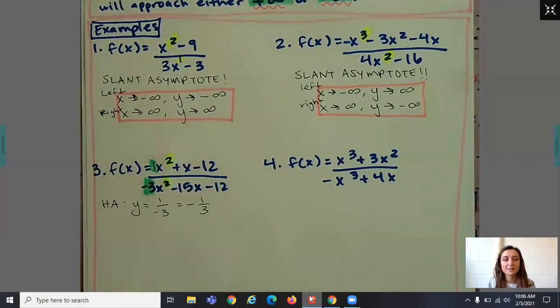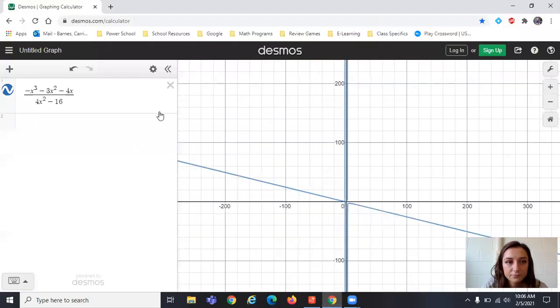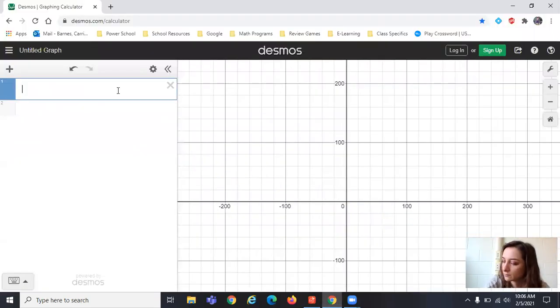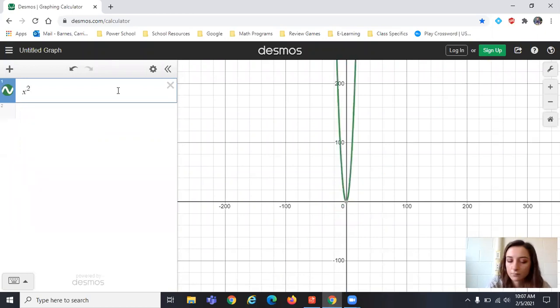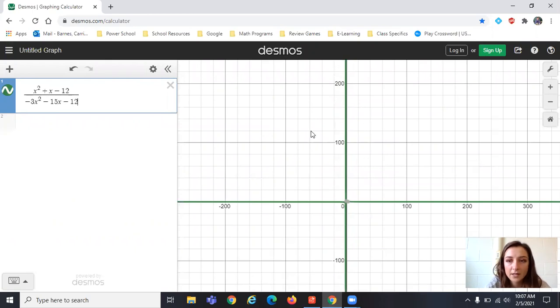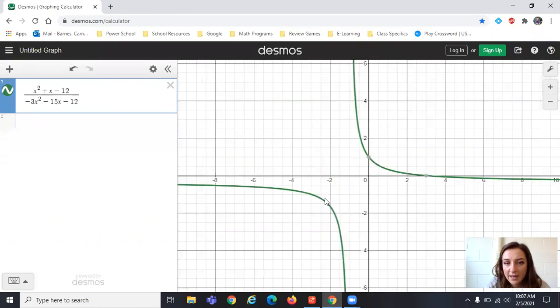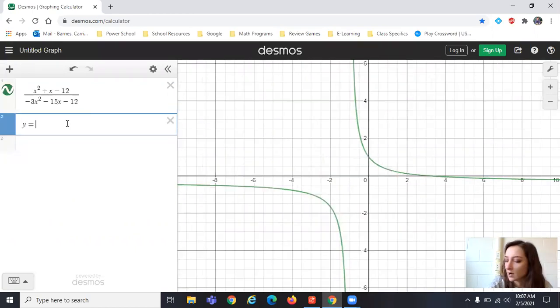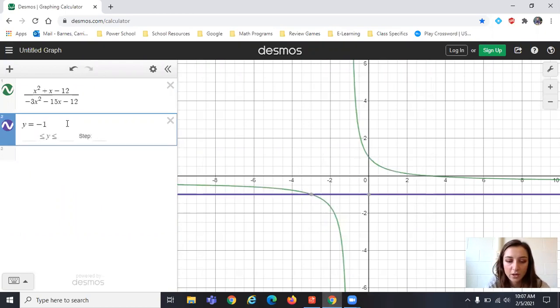So the cool thing is that our asymptote is going to pull everything towards it at the ends. So let me just type this in and show you what I'm talking about. Okay, here is our function, and these should be approaching y equals -1/3.